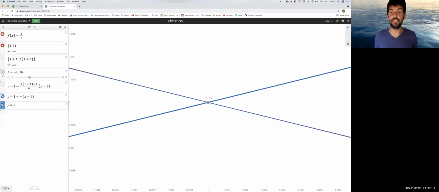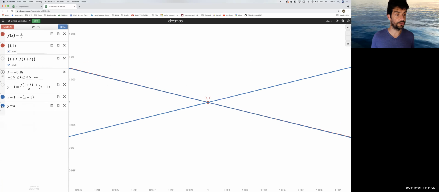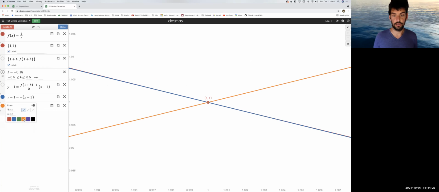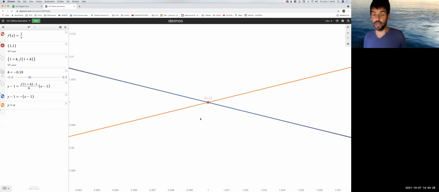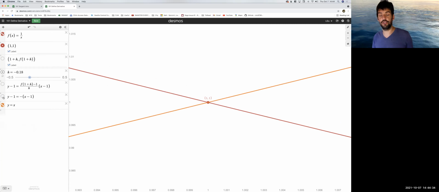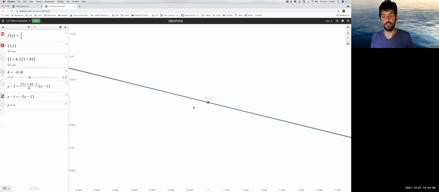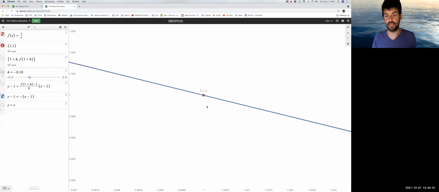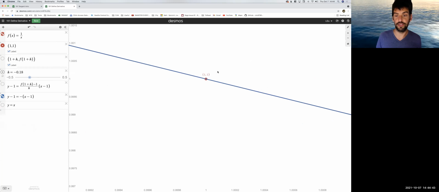For instance, the line y equals x, let's make it a different color, orange, also goes through that point. But it doesn't look at all like the function, right? The red line and that orange line are crossing very much at odds with each other. But this tangent line looks nearly identical. And the closer we get, the more they are the same.